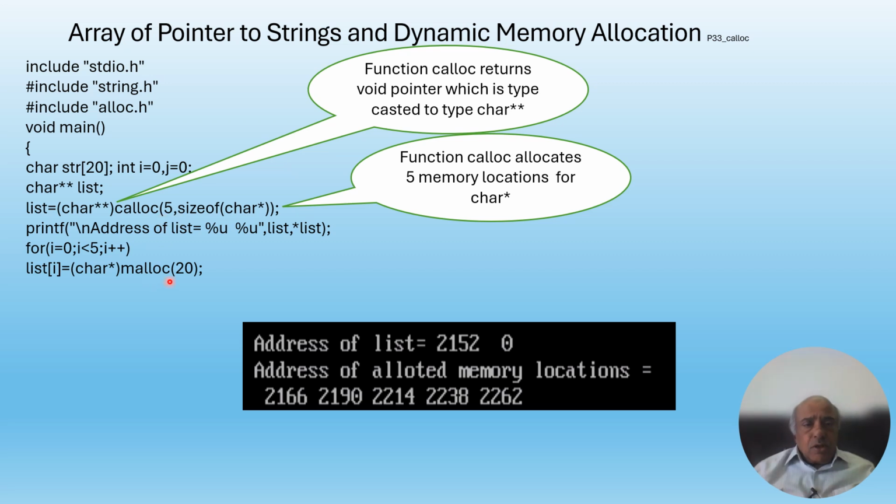In the malloc function we can straight away allocate the number of bytes from the memory without bothering about the type of variables that will be stored.